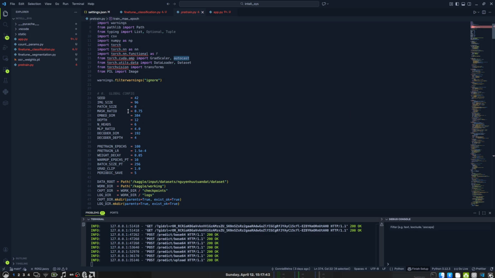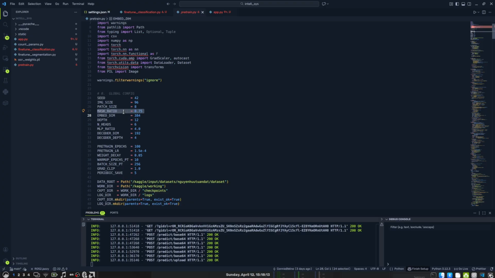I will mask 75% of the image, and I will feed the leftover 25% of the image to the encoder, and the decoder will use that 25% and reconstruct the image. That's the essence of self-supervised learning.